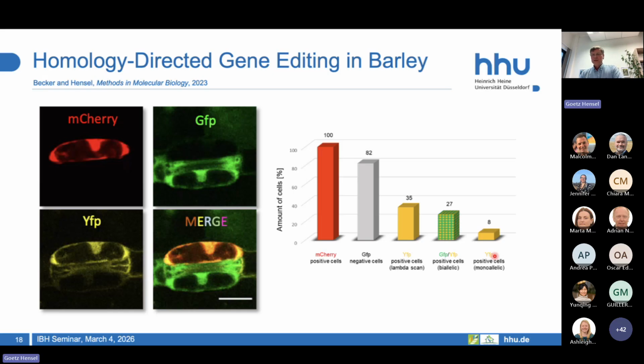The problem here is that you have to bring the repair template to the place where you induce the double-strand break. And so that's why here biolistics is in favor over Agrobacterium-mediated transformation, as Agrobacterium may not provide sufficient repair templates for this to happen. So we did here also transformations in order to get stable transgenic plants, but unfortunately this failed.